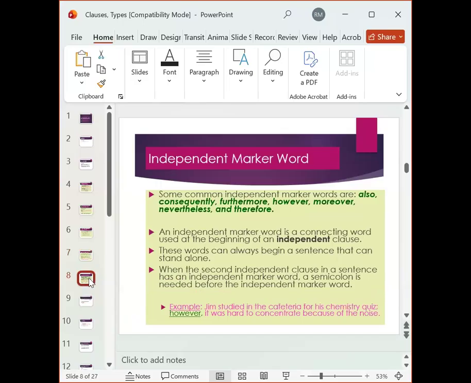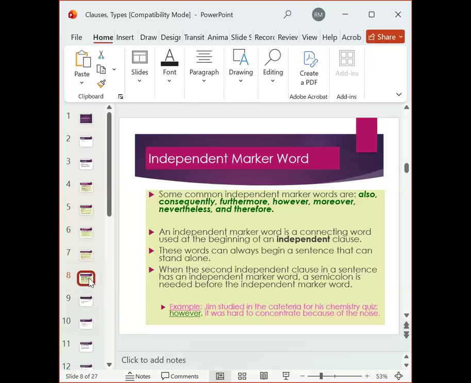Now, sometimes in writing, we use what we call independent markers. It means that when you use these, the structures that will follow are often independent clauses. So words like consequently, the next structure that you mention will be an independent clause.